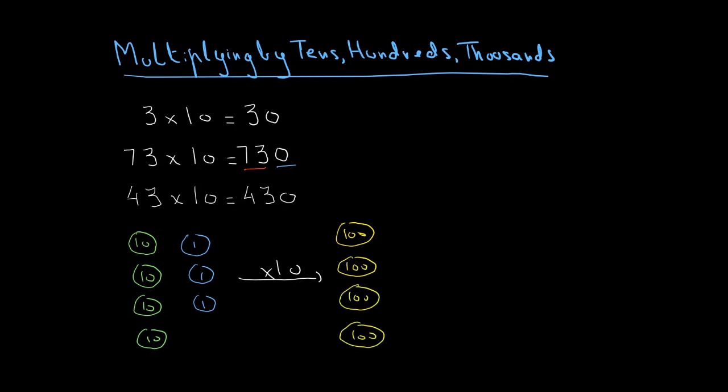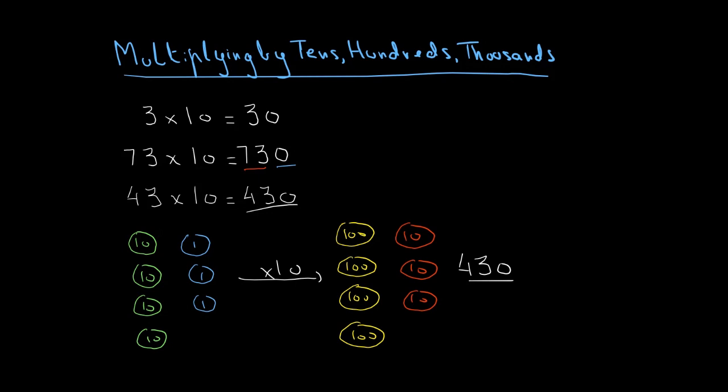And each disc of 1 will get converted into a 10, because 1 ten is 10. So this will turn out to be equal to 430, which is exactly what we got earlier. It's just a different way of thinking about the same problem.